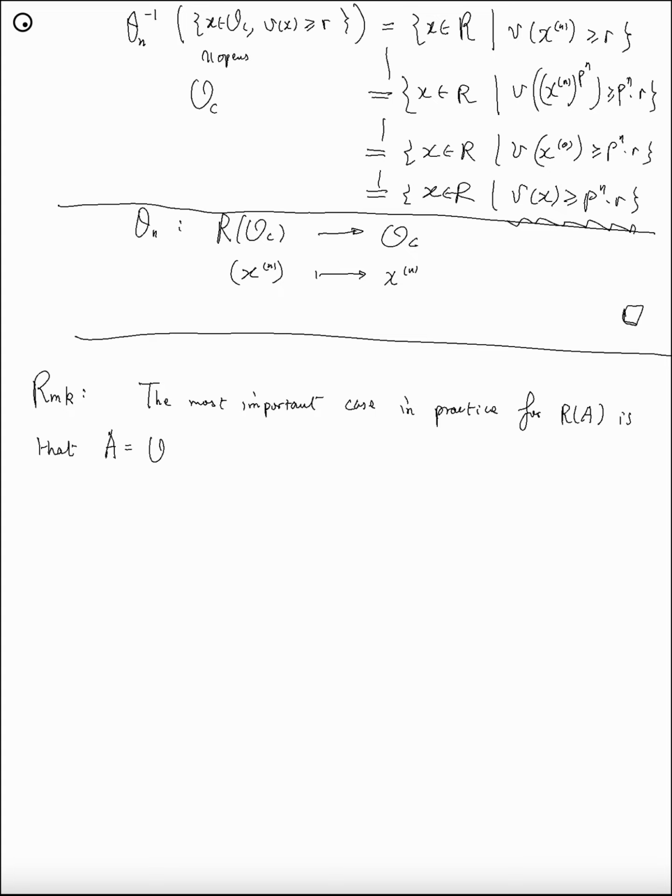A equals O_{L hat} with L being a subfield of K-bar containing K_0, and L hat its completion by the p-adic valuation.